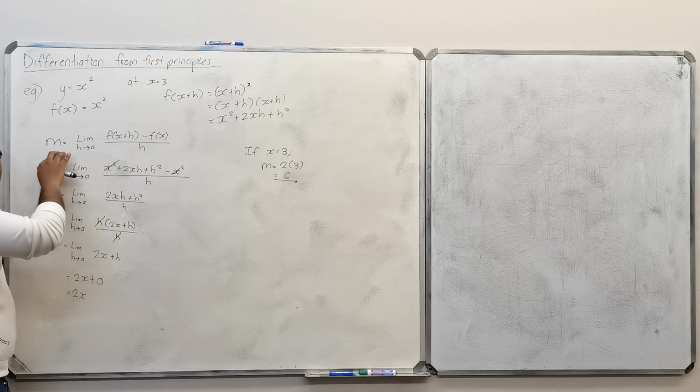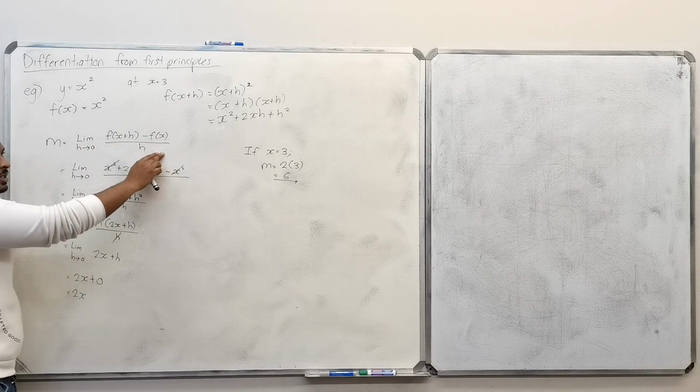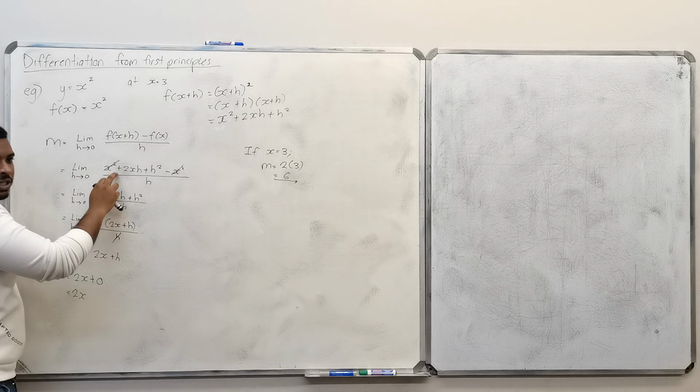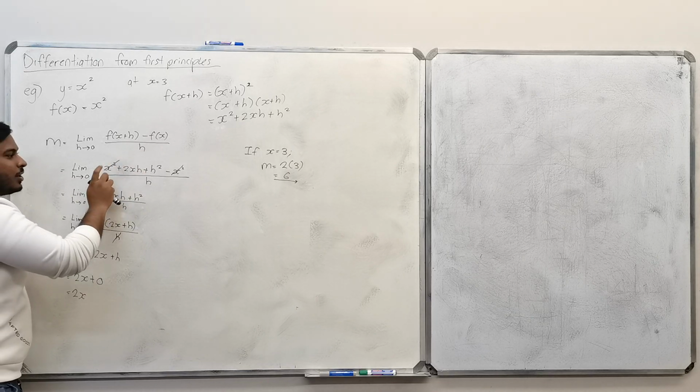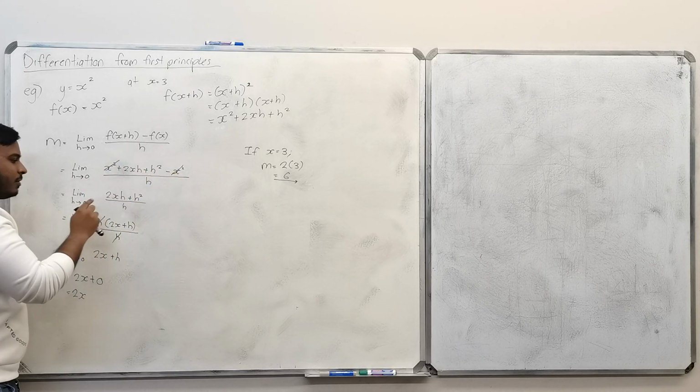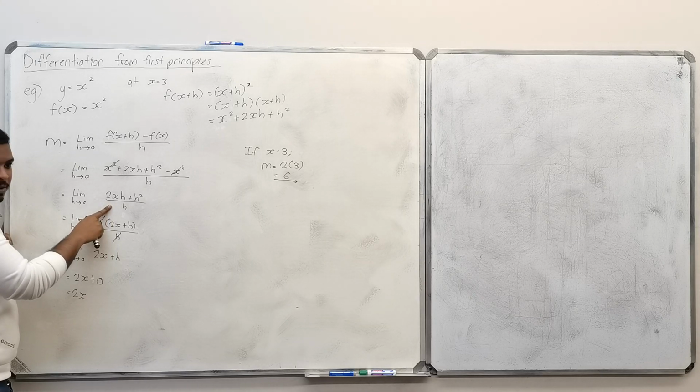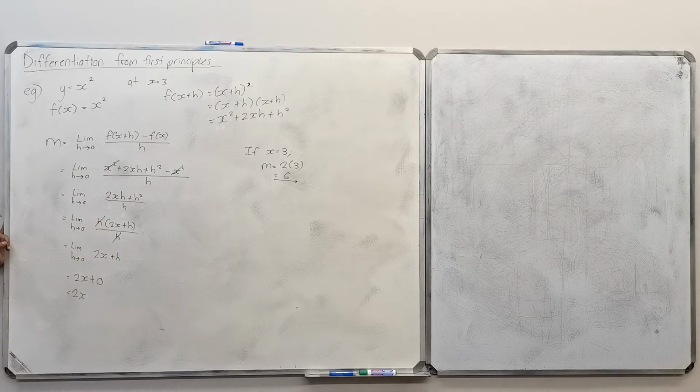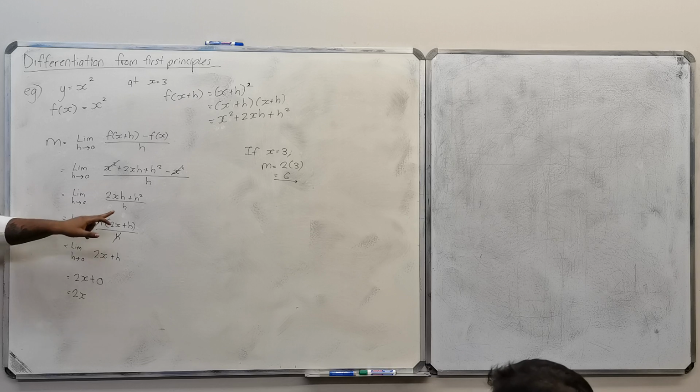Now I use my formula for first principles. That's the formula for first principles. I just substituted. When I substituted, I saw that this and this would cancel. So I ended up with this. But now I can't introduce the limit into this because I'm going to end up with limits in the form of 0 over 0. So I pull out a factor that could get rid of the factors that's going to give me 0.